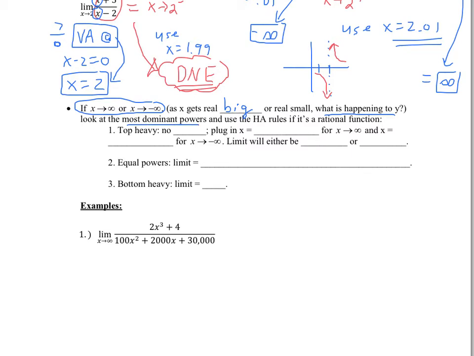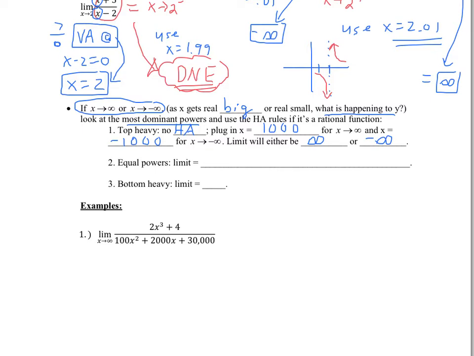Okay? If it is top heavy, what this means is we actually don't have a horizontal asymptote. And if x were approaching infinity, plug in something like 1,000, something big. Or if x is approaching negative infinity, plug in something like negative 1,000. Now in this situation, your final answer for your limit is either going to be infinity or negative infinity.